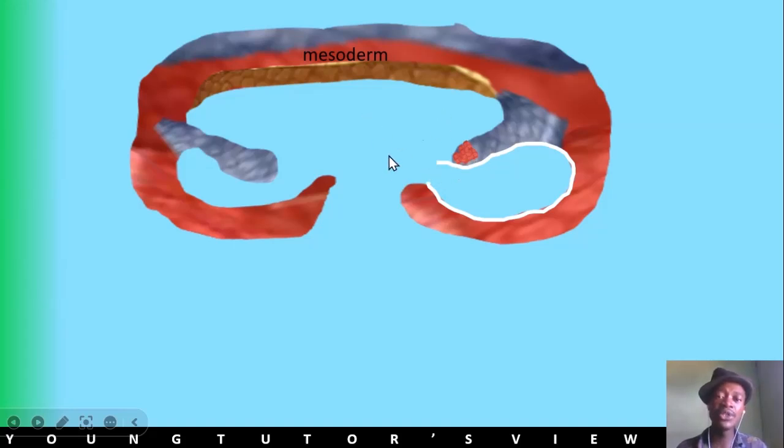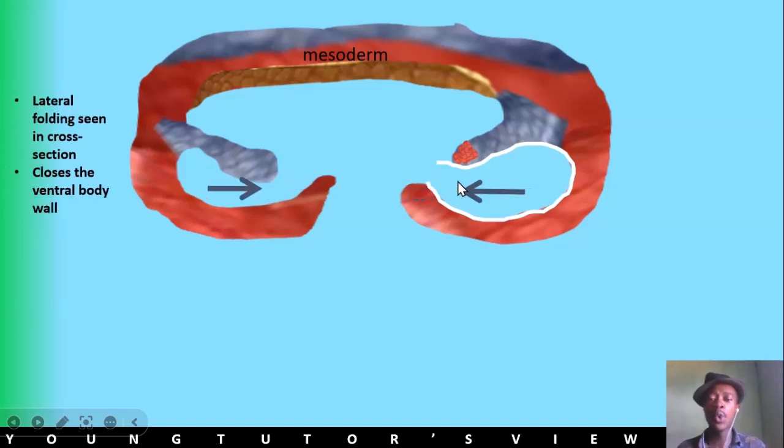So what is going to happen next? I want to introduce to you the lateral foldings that are going to be pushing these endocardial tubes that have formed in the cardiogenic area on both sides. The lateral foldings closing the ventral wall are going to be pushing the intraembryonic coelom, even the primary and the secondary heart field or the endocardial tubes, towards each other.